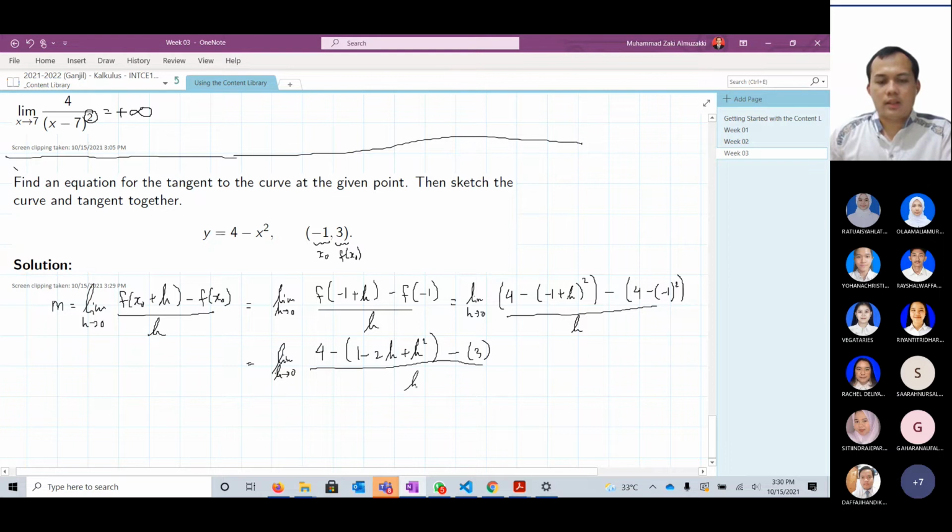over h, which now becomes limit h goes to 0 of 4 minus 3, which is actually 1.